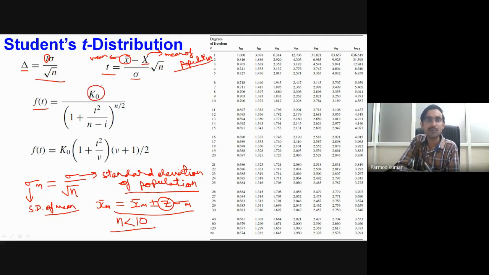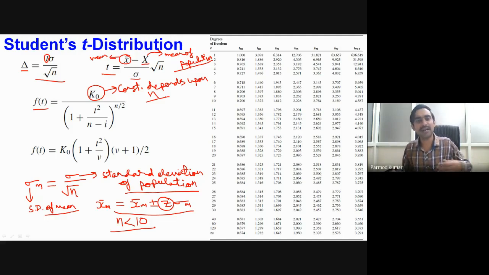This k naught is a constant value, and this constant depends upon the size of the sample we have, n.